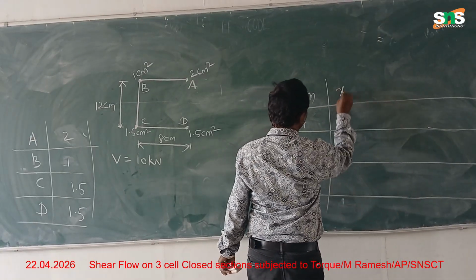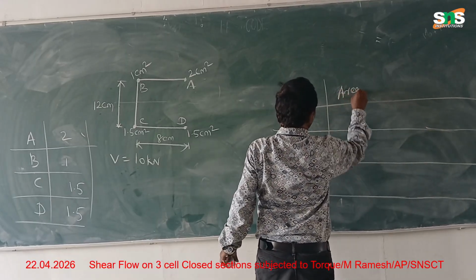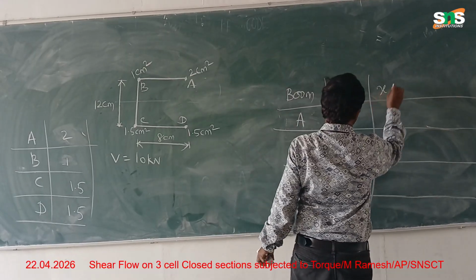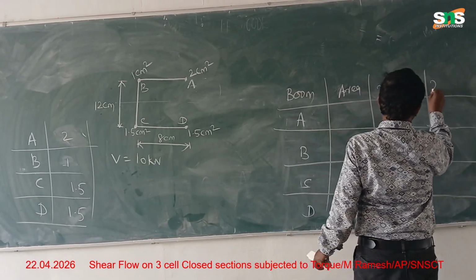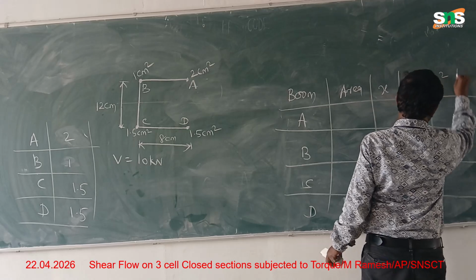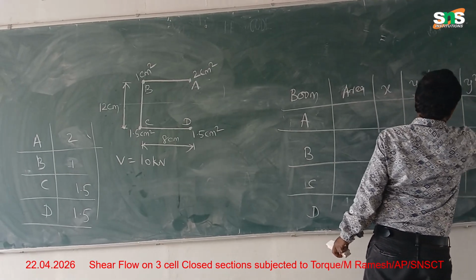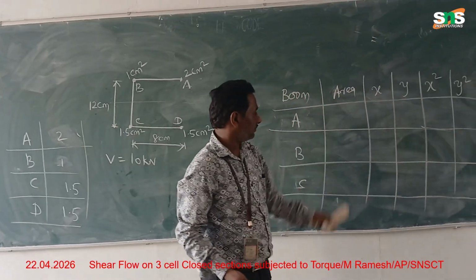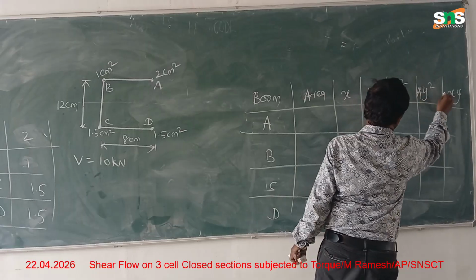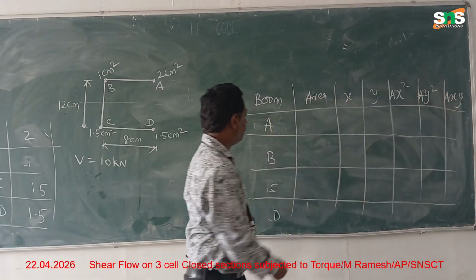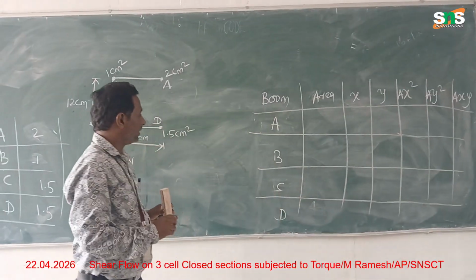First of all, we should know what is the area, what is the value of x, what is the value of y, then x square, y square, and then xy. Here you can say A x square, A y square, this is A x y. Why am I saying this?